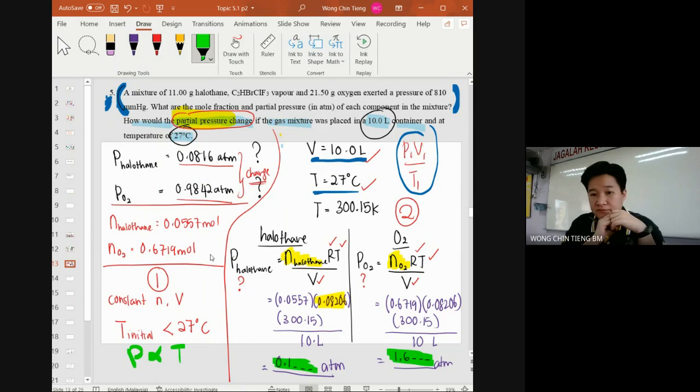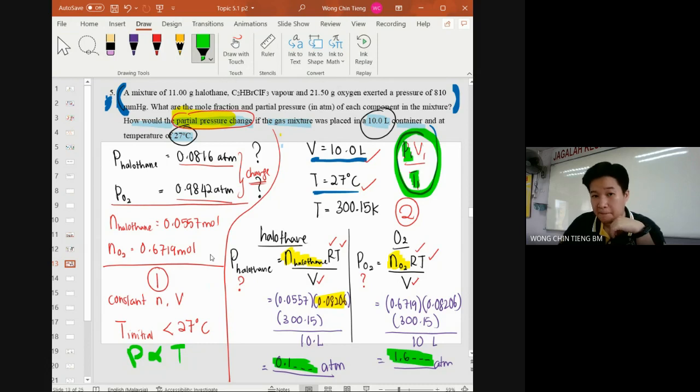Betul? Setuju? Alright. Walaupun pressure directly proportional with temperature, kita tak jumpa benda tu, tapi kita akan nampak dalam your combined gas law. Your pressure is directly proportional with your temperature.